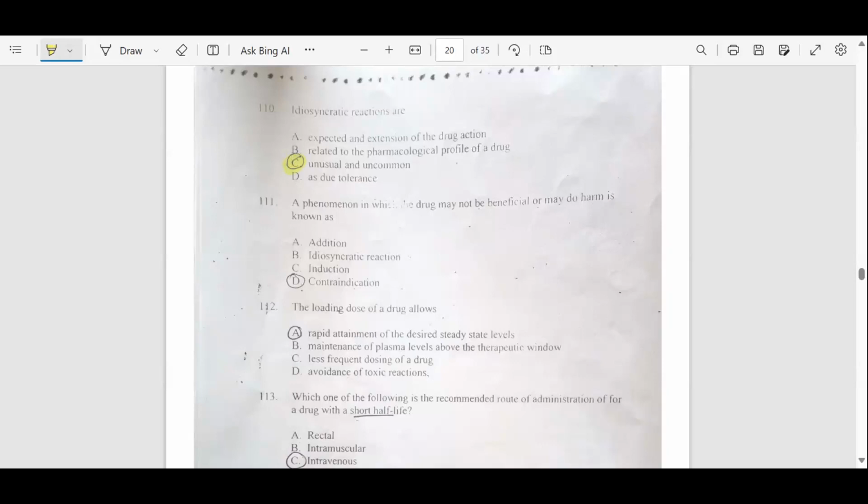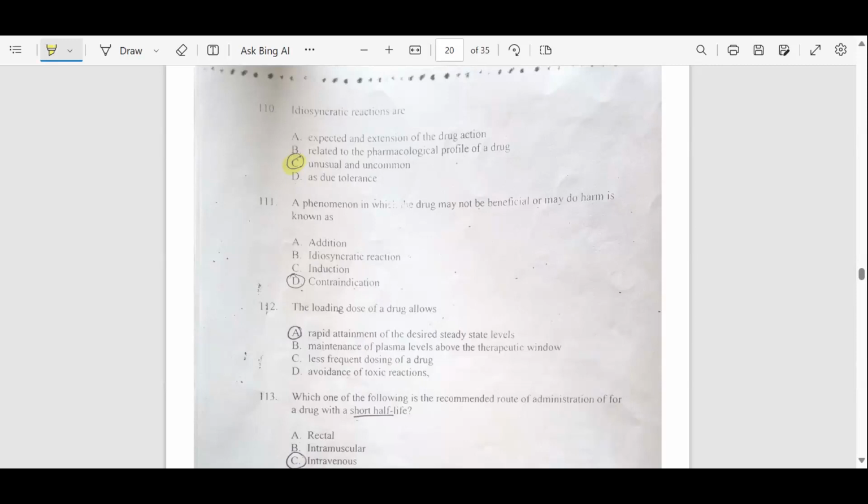So number 111, a phenomenon. So let's go back to Divya, who is saying C, for example drug-related rash with eosinophilia and systemic symptoms. So number 111, thank you, Divya.